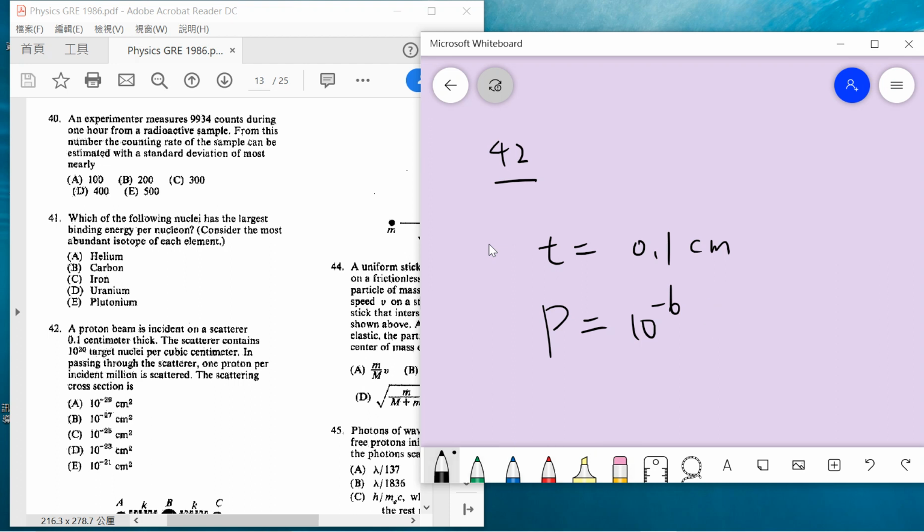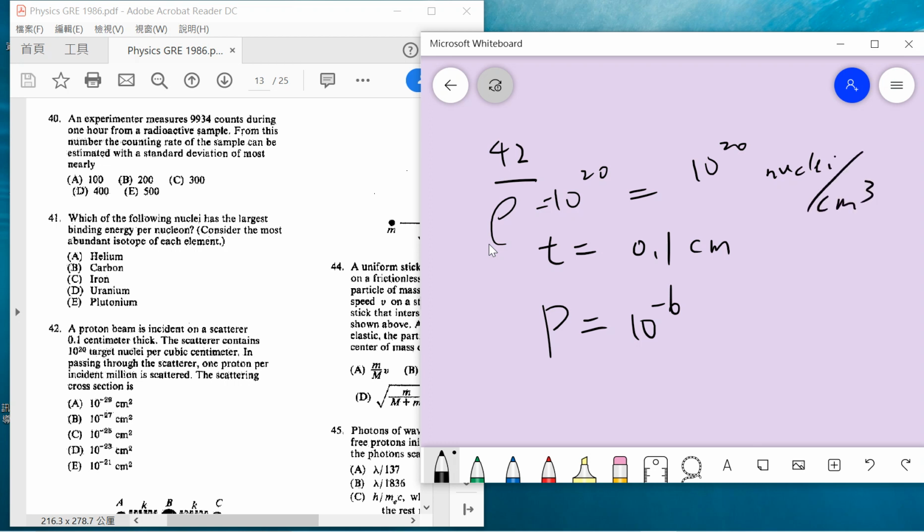There is also 10 to the 20, which is the density, so it's 10 to the 20 nuclei per cubic centimeter, 1 over cm3.